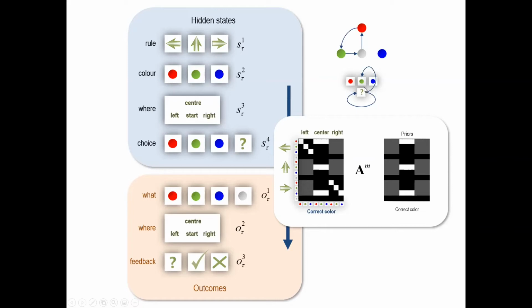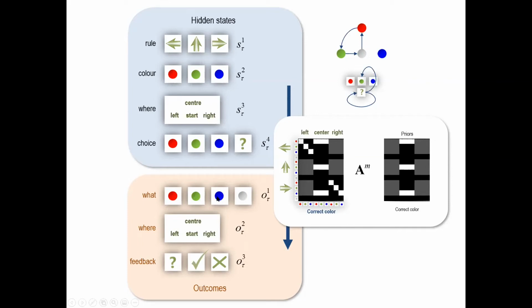To specify such a model, I have to specify the outcomes that this agent is going to sense and all the necessary hidden states that I can use to generate those outcomes. So it's relatively simple. In terms of what I'm looking at, it can have 3 different colors, or it can be a null color, the starting position. So this is the color that I see.